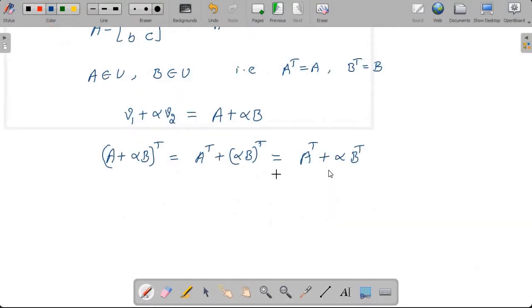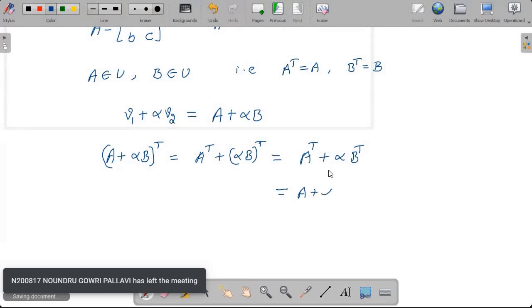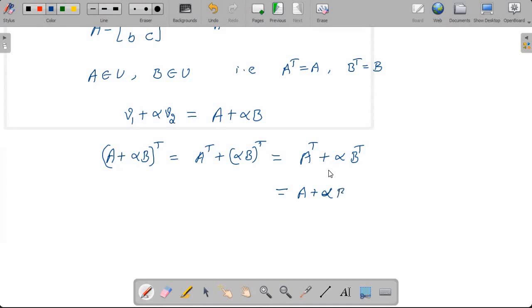Now we know something about A. We know A transpose is nothing but A. Why? Because A is coming from U. Plus alpha into B transpose, which is nothing but B. So now if you take the transpose of this matrix, you end up with the same matrix. Therefore, it is very clear that this A plus alpha B is an element of U. That's it. So here vector addition is closed and also scalar multiplication is closed. Instead of checking individually, we just checked it with one condition.